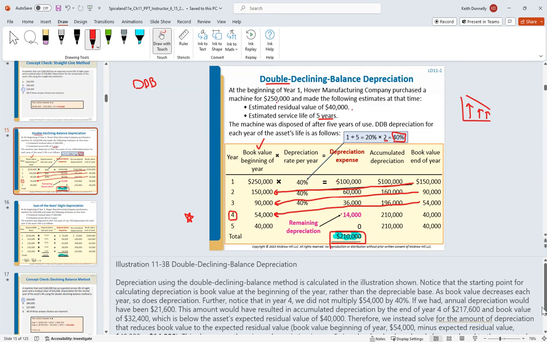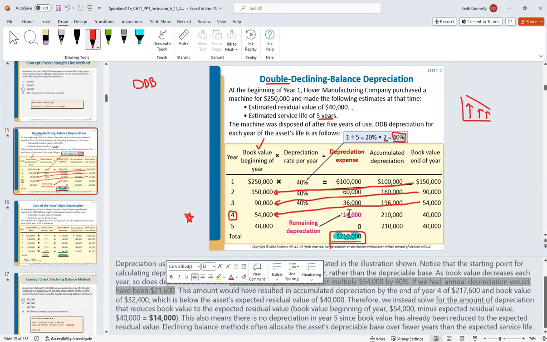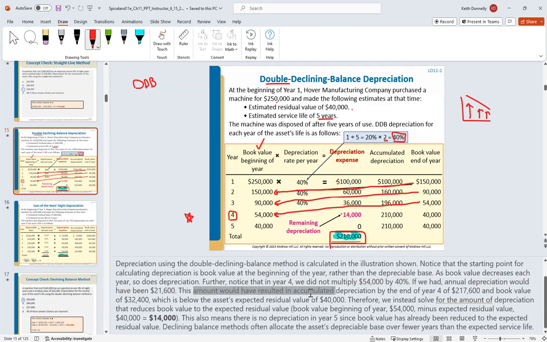Further notice that in year 4 we did not multiply by 40%. If we had, the depreciation expense would have been 21.6. This amount would have resulted in an accumulation by the end of year 4 of 217 and a book value of 32.4, which is below the asset's residual value of $40,000.